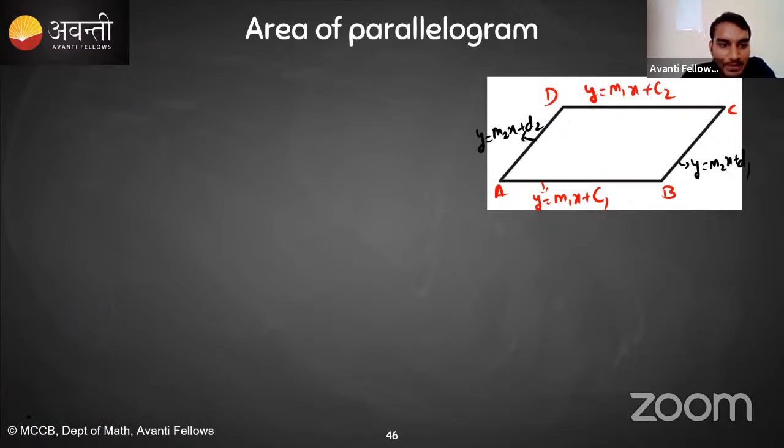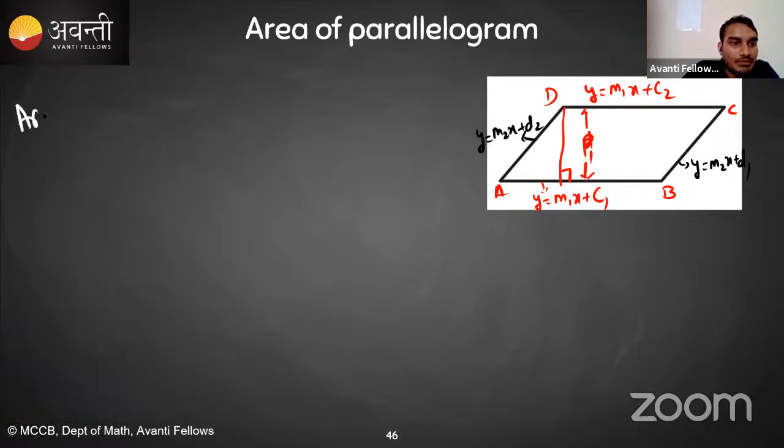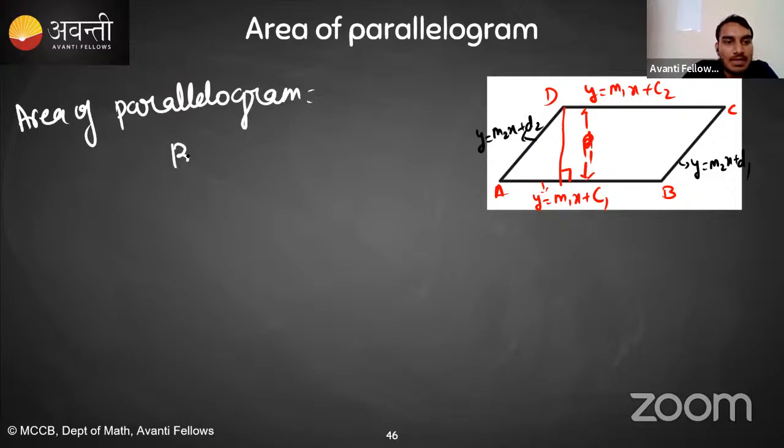This is nothing but the perpendicular distance, let's call this p1. If I ask you the area of parallelogram, it is nothing but base into height, right? What is base? AB. What is height? p1.